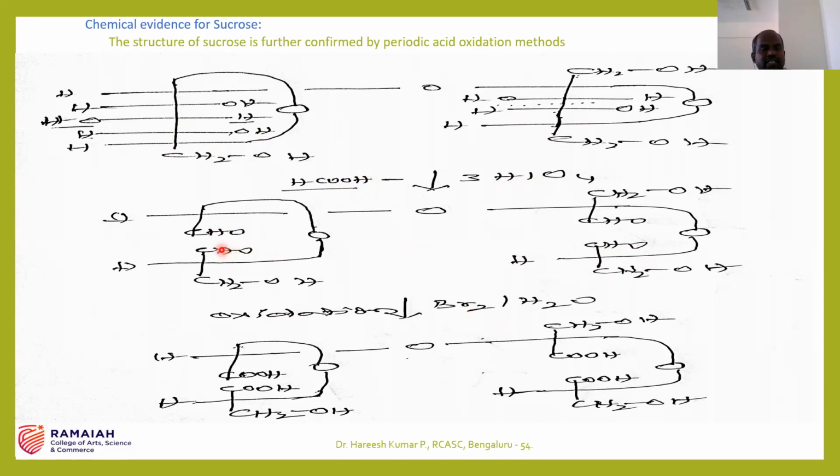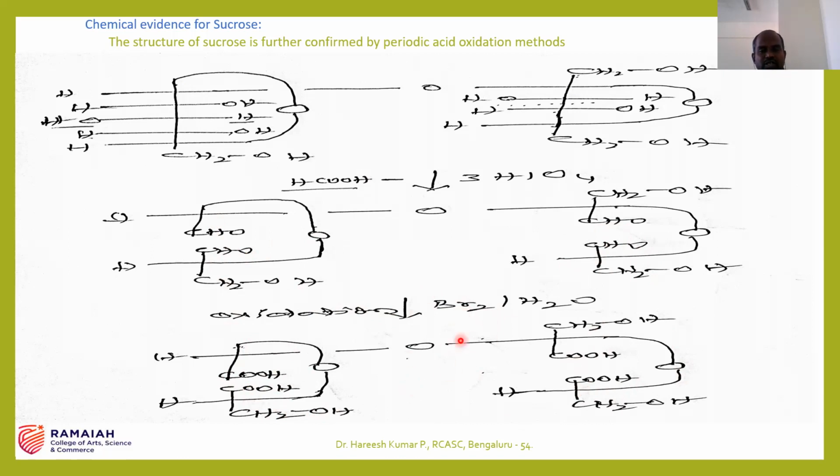That means each CHO is converted into COOH by addition of oxygen. The obtained compound is subjected to hydrolysis.